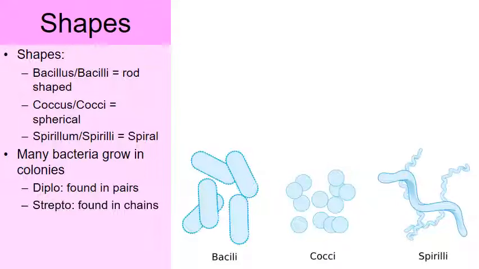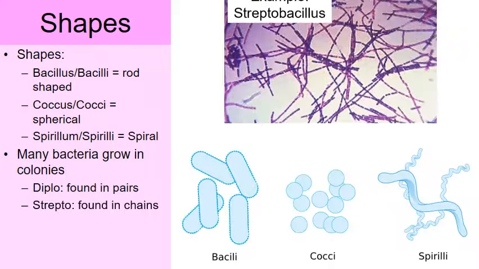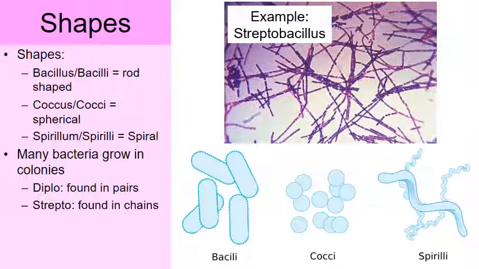If you see the prefix strepto in front of the name of a bacteria, these are bacteria that are found in chains. And so this example right here, Streptobacillus bacteria, well, you can see from the picture the bacillus is in reference to the cells are rod-shaped, strepto because there are chains of rod-shaped bacteria cells.